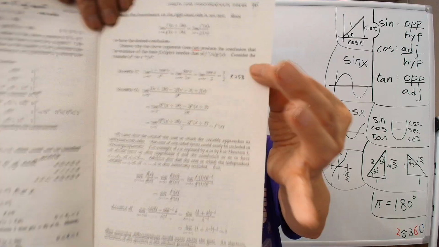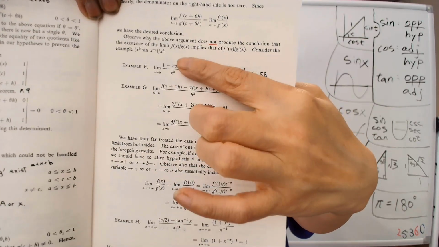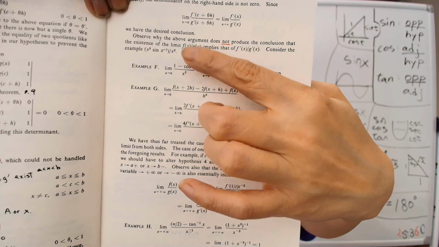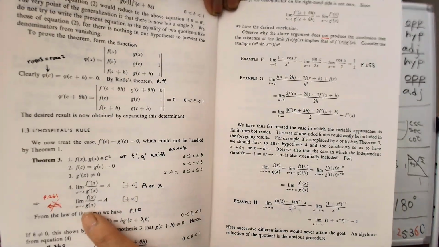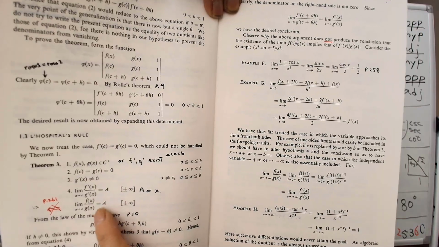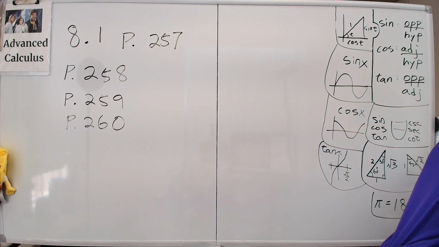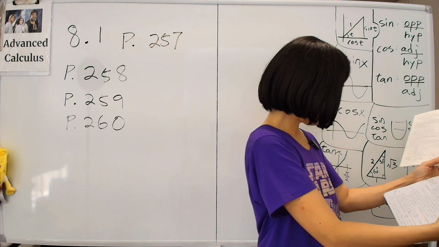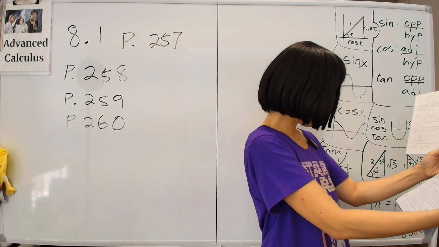So consider this example and check it out to see why this is not the case. If this limit exists, it doesn't necessarily prove that the other limit exists. So please prove that yourself, as I have done here. If I can find it, page 261.